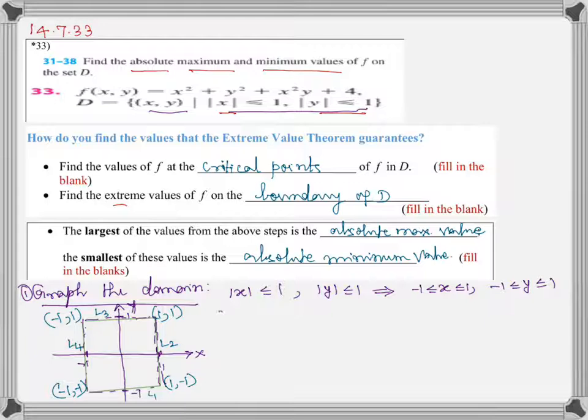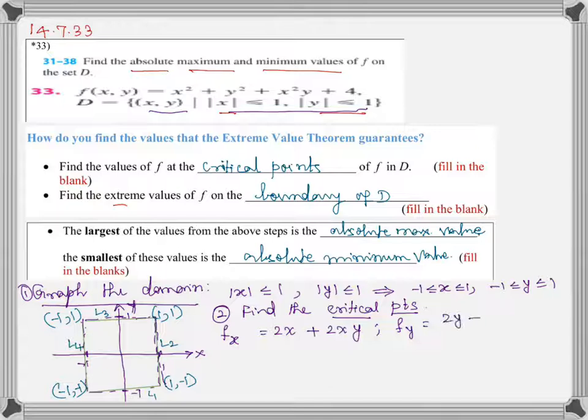So we've graphed. The second step is to find the critical numbers, critical points. It's obtained by setting the first partial derivatives fx to 0 and fy to 0. fx, the partial derivative of f with respect to x, is 2x plus 2xy. Then the partial derivative of f with respect to y would be 2y plus x squared.